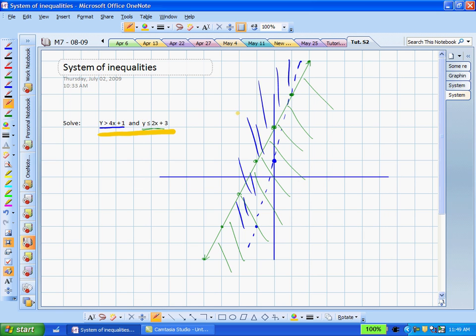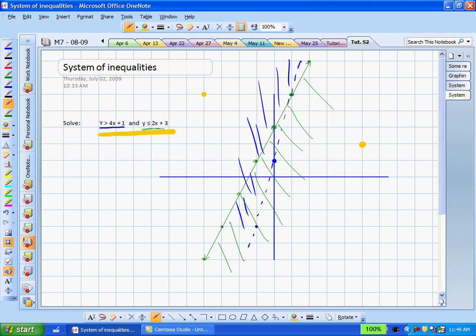So, if I pick this point, does it make the blue condition true? No. Does it make the green condition true? Yeah. Does it solve the system? No, it doesn't solve the system because it doesn't make both conditions true. So this one is garbage. We'll get rid of it in a minute.